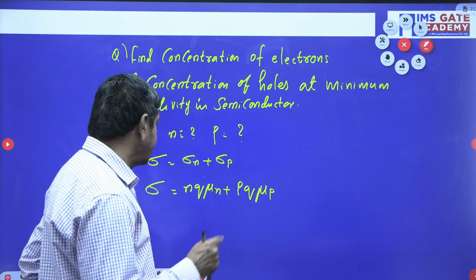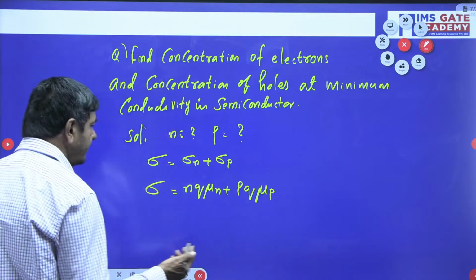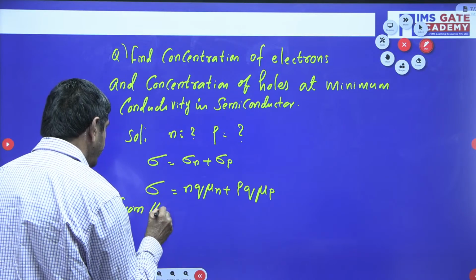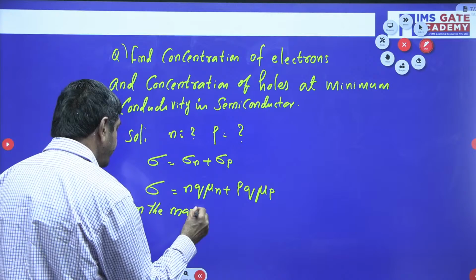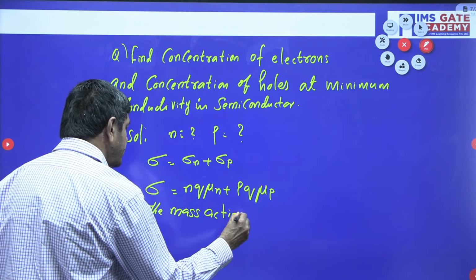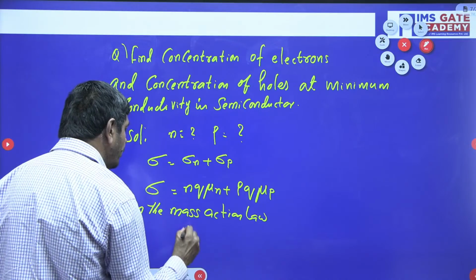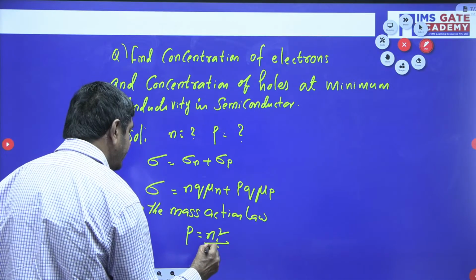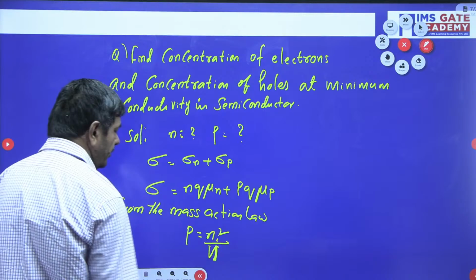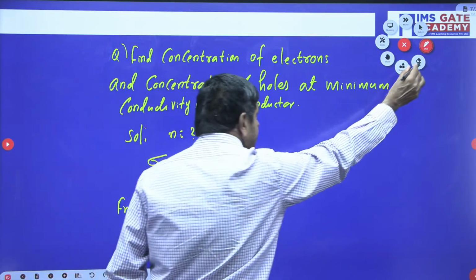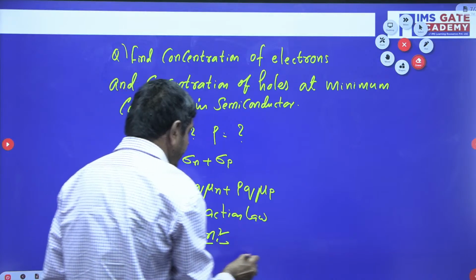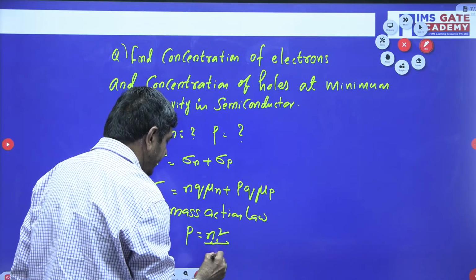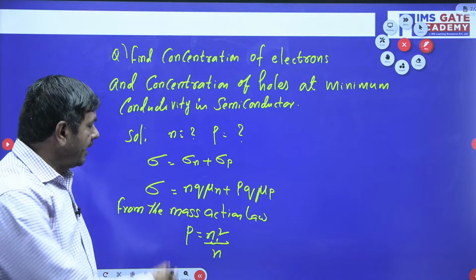By using the mass action law, you convert p in terms of n: p equals Ni square by n. I can write Ni square by n here now, and I want to substitute that here.